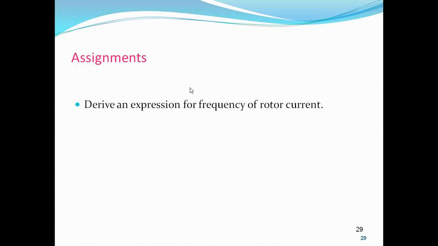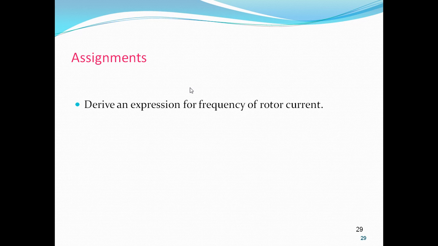Take the assignment. You have to complete it for the next class. Watch this video one or two times and listen, and open the textbook and read it. If you have any doubt, ask me in the next class. But after reading, do the assignment, that is, derive an expression for the frequency of the rotor current.